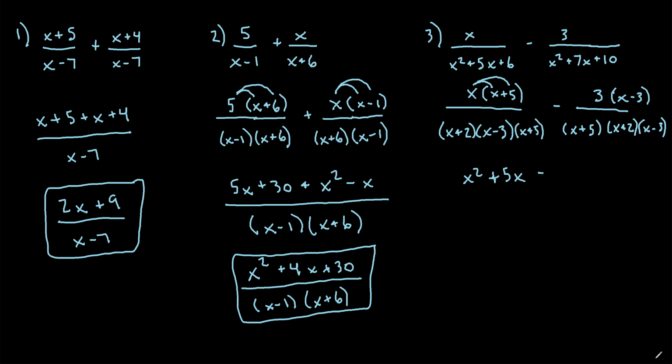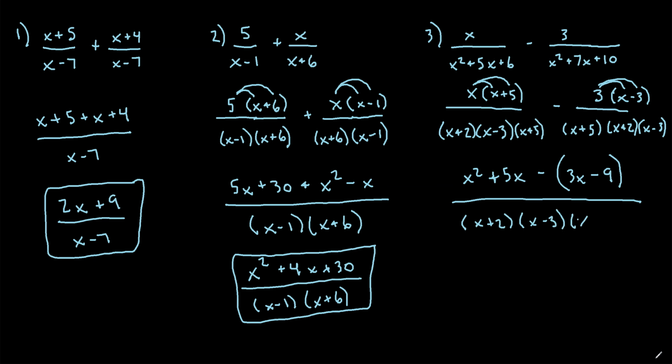And then we have minus 3 times x, that's 3x. And 3 times negative 3 is negative 9. All over this big denominator of x plus 2 times x minus 3 times x plus 5.